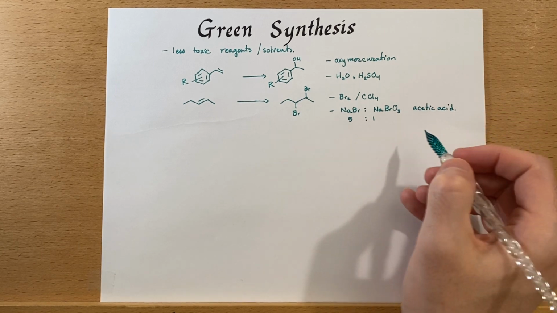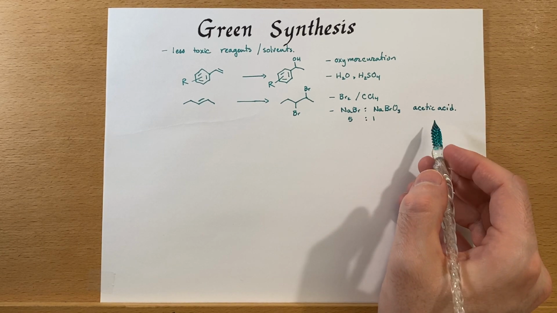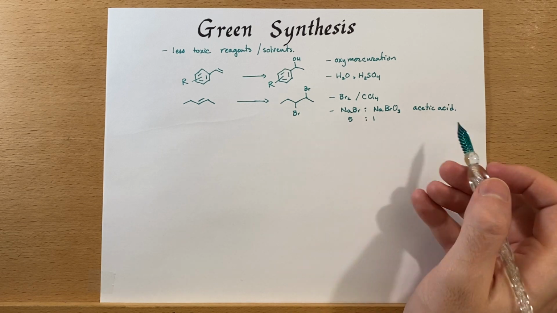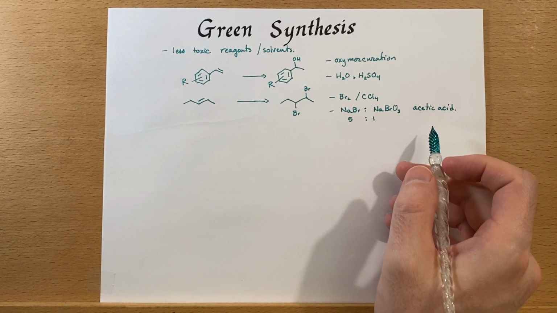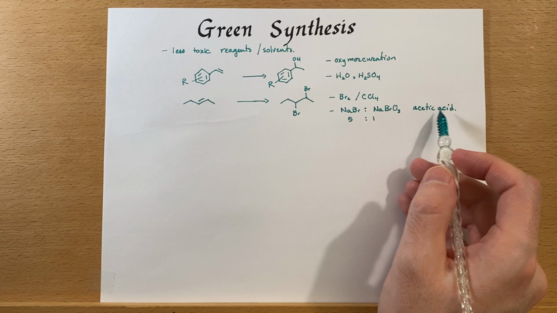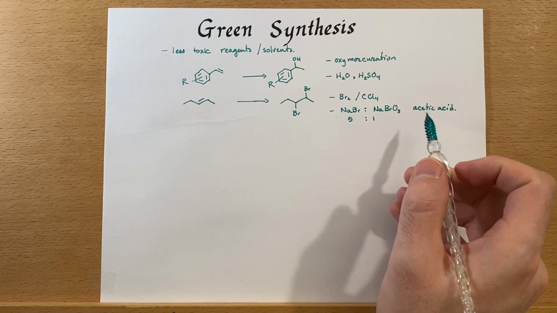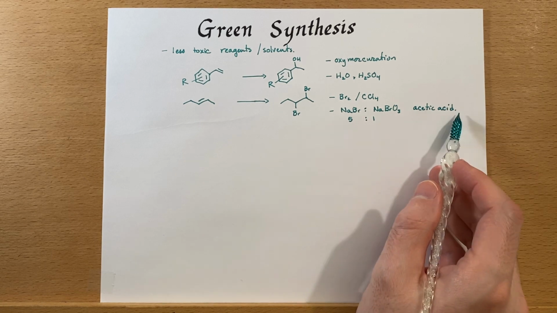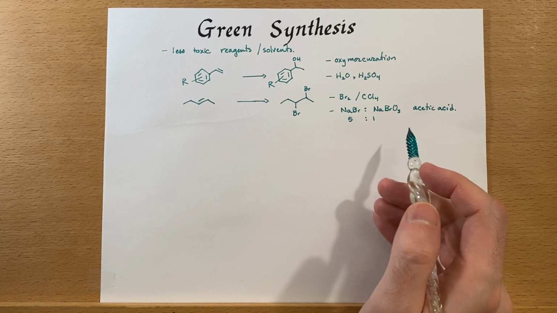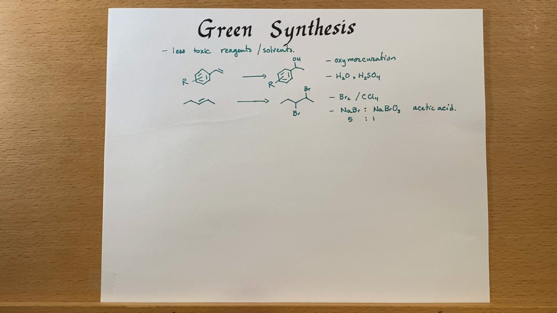Now, acetic acid is a very green solvent. In fact, it's possible to consume it. It's in vinegar. I would suggest diluting it before you would do that, but you can notice just how much greener it is to have something that is really a natural product.